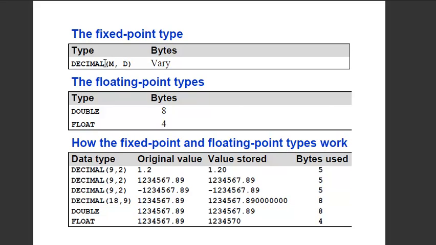Obviously, this is a perfect type for storing prices, monetary values, where you can control very tightly the number of digits before and after the decimal point. The memory storage requirement varies depending on the number of decimal digits, but it's grouped.